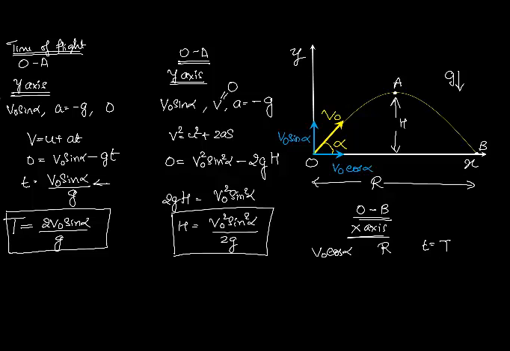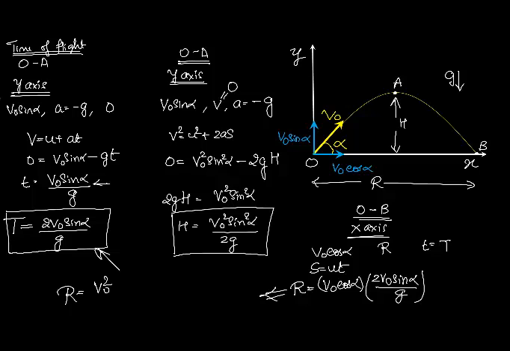And so the equation which we are going to use is s equals ut, and s is nothing but the range. u is my initial velocity, which is v0 cos alpha, and the time is this time over here. So I'm going to substitute that as 2 v0 sine alpha divided by g. I will continue this side. I have a v0 square, R equals v0 square, and then I have this 2 sine alpha cos alpha.